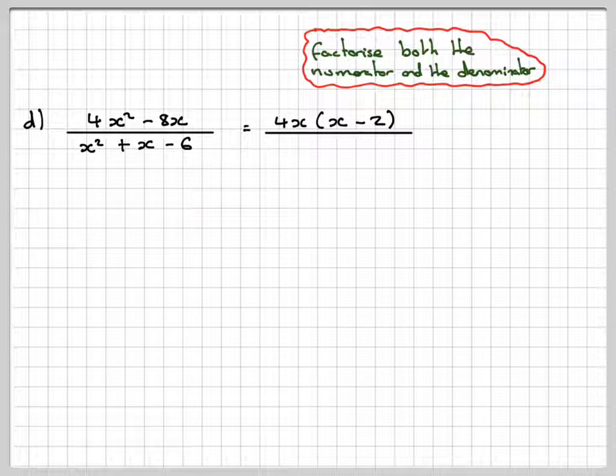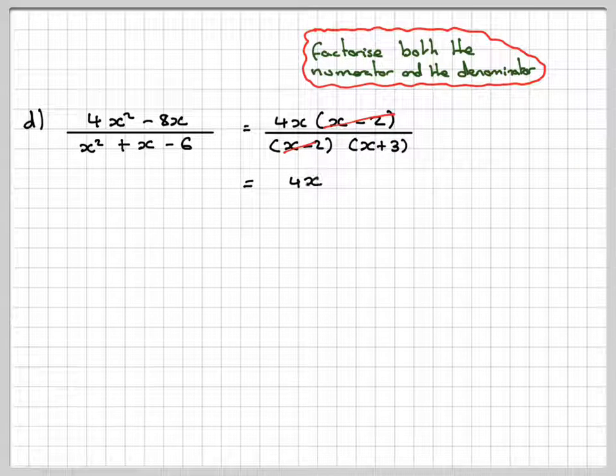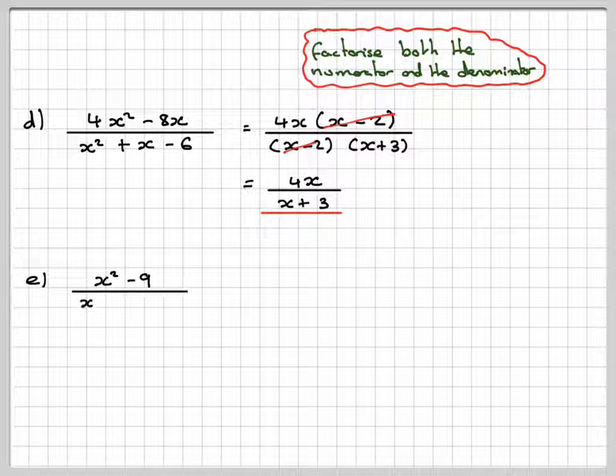This is a normal quadratic. Factors of 6 are 2 and 3, so you want a plus 3 because you want 1 in the middle and a minus 2. So it's x minus 2, x plus 3. Now you see here you have the same thing, so you can cancel out, and you're left with 4x over x plus 3.